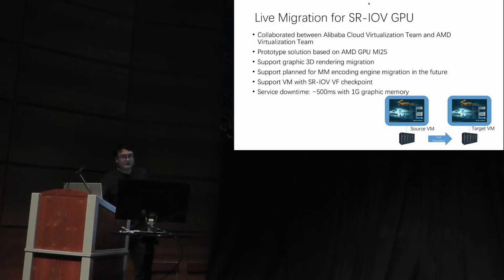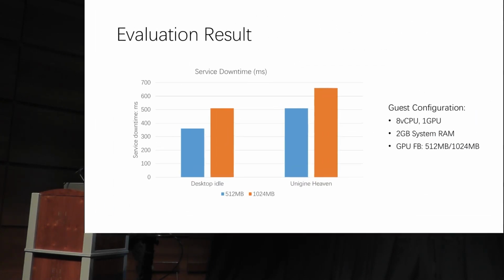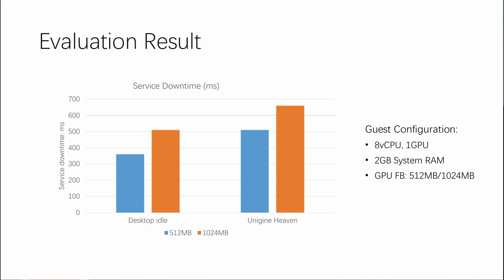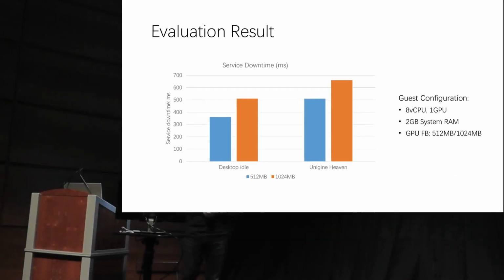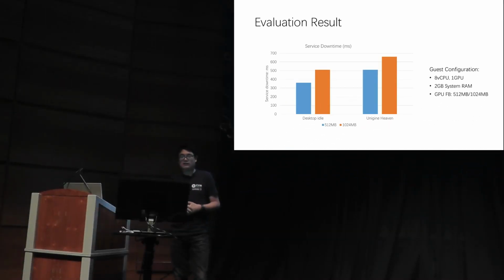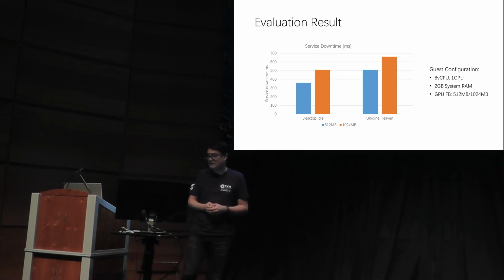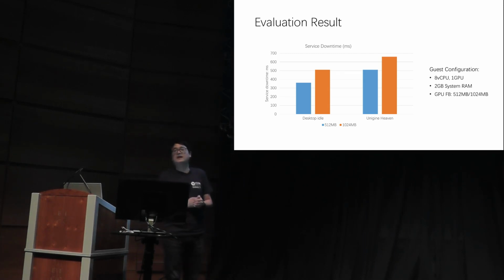Yes, 500 milliseconds of downtime is a little large, but it is still proof-of-concept code, and we believe there is still a lot of room to improve in the future. I show some evaluation results. The first thing is that we compared an idle workload with Unigine Heaven, which keeps the GPU rendering engine direct and busy.